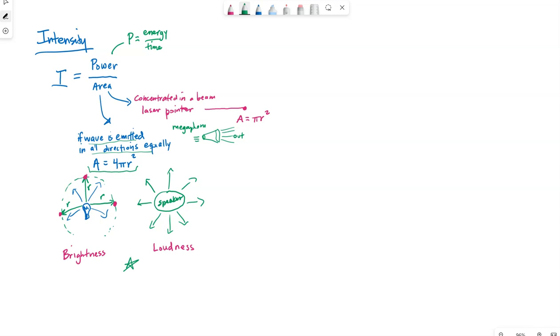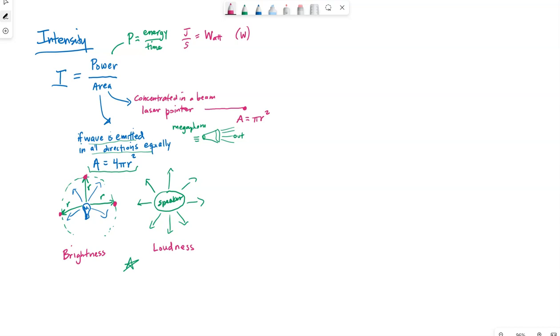Whether that form is sound or light, we're talking about just the rate at which that energy is changed per time. If you remember, our SI units for energy are joules. Time is seconds. So we can also call this a watt. And so the units of power we will see as just W for watts.